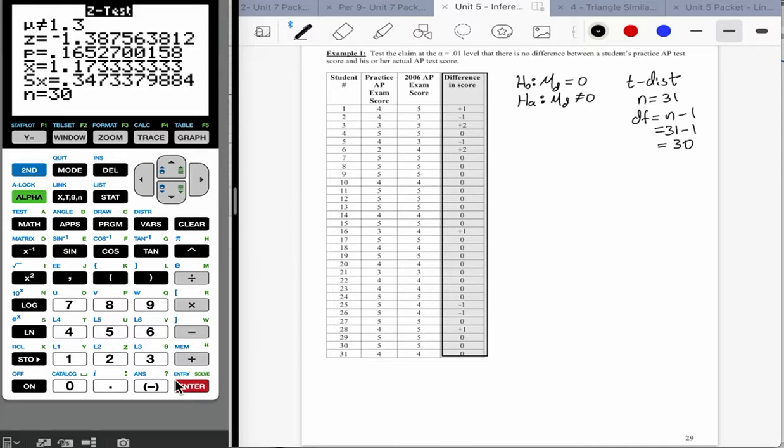We're testing this at the 0.01 significance level, so alpha is 0.01. Because it's a not equal to symbol, we need a left-tailed and a right-tailed situation simultaneously. So the critical value for t over here and over here. And then we need our test statistic.